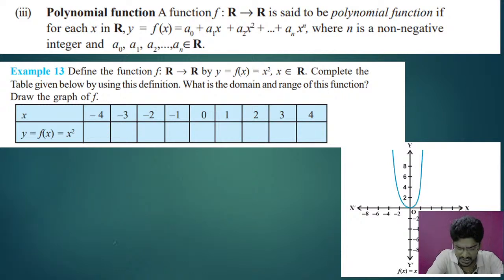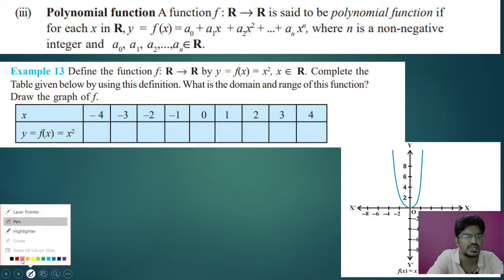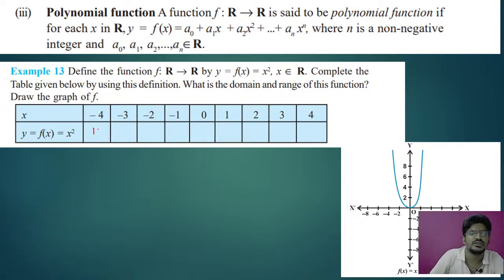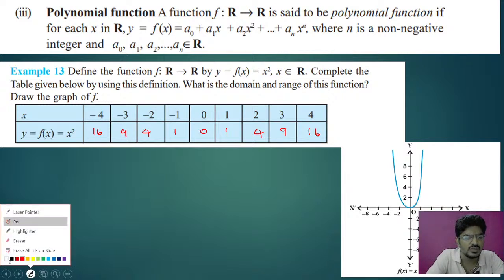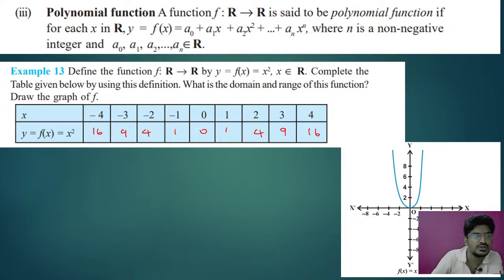So 16, 9, 4, 1, 0, 1, 4, 9, 16. I am asking the range of f of x equal to x square. So quickly tell me what is the range.